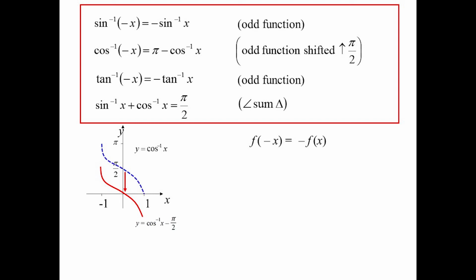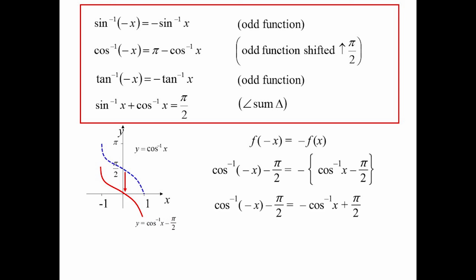So let's sub into that. The inverse cos of negative x minus pi on 2 will equal the negative of the inverse cos of x minus pi on 2. Now, if we play around with this, we should get our relationship. So on the right-hand side, I'll expand the parentheses.